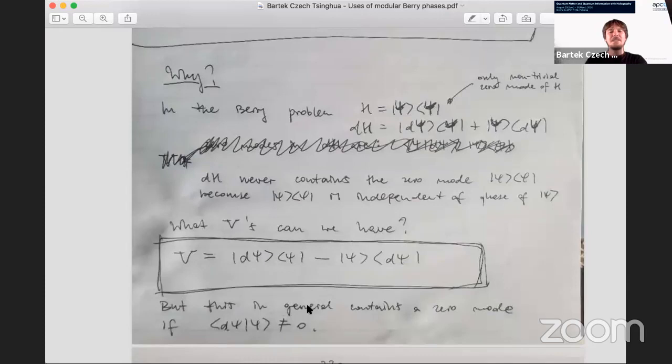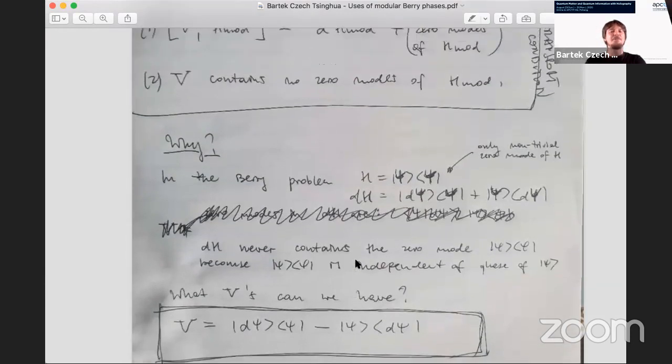But this V in general contains a zero mode if d phi is not equal to zero. So think about what happens if d phi is not equal to zero. That means that this d phi here contains a little bit which is parallel to phi itself. Therefore, this thing would contain a phi projector in it, and a phi projector in it is a zero mode of H.